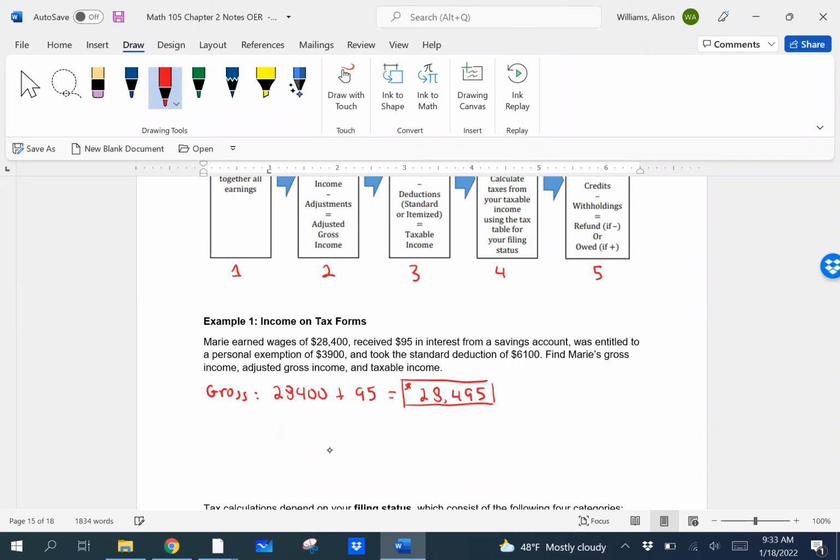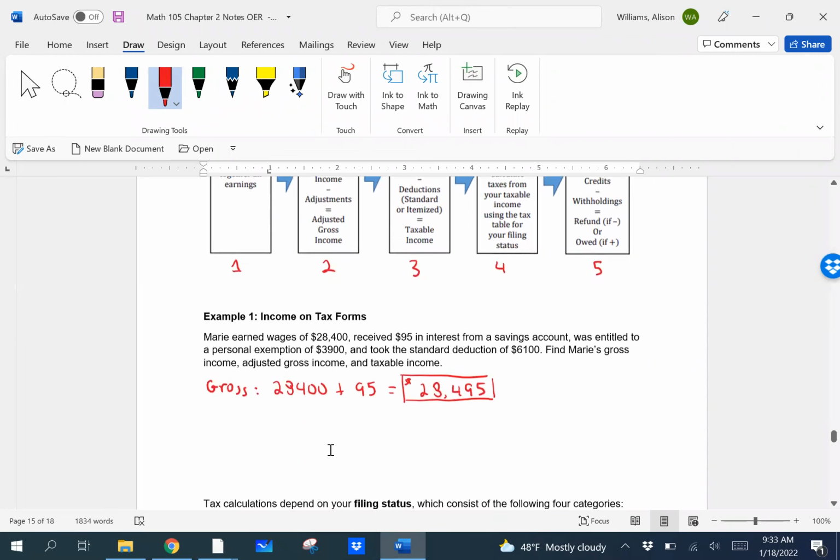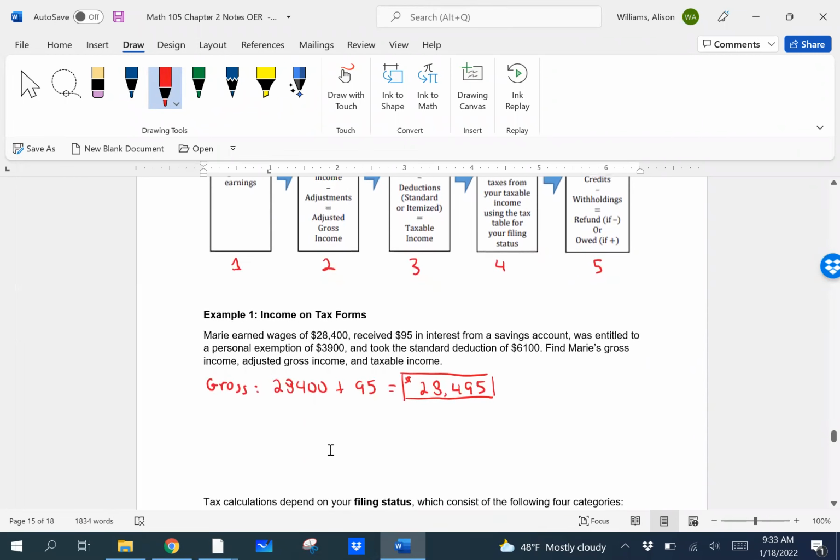Okay, so this mentioning of a personal exemption. Now, I know that the word exemption is not up in these steps above, but it is considered an adjustment. So this is going to give us the adjusted gross income. I'm going to go ahead and label it AGI, and that's going to take that $28,495, and we will subtract that $3,900 exemption.